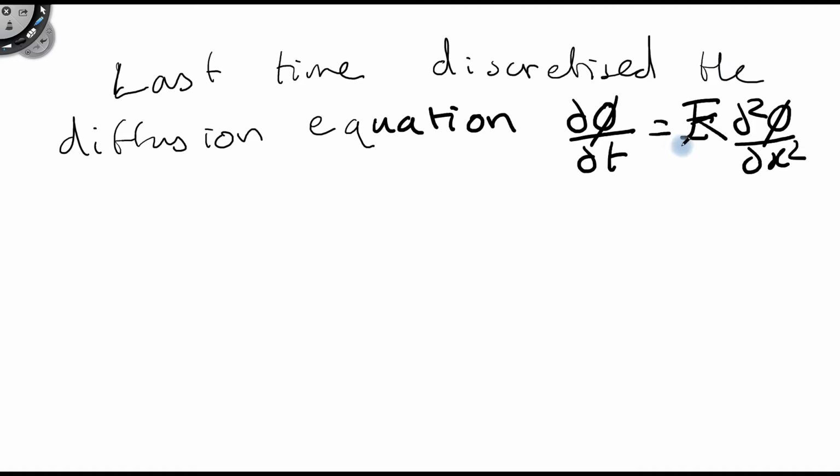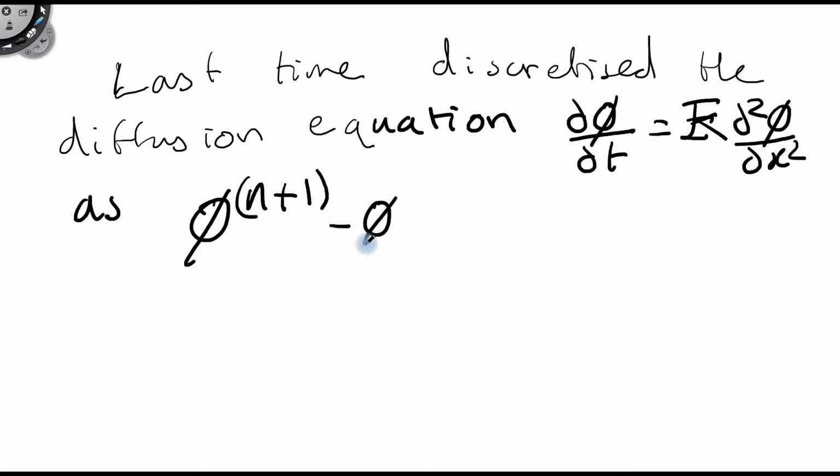So k here is a constant, phi is a variable that you're evolving in time, as this. So we had phi m plus 1. Actually, I'm just going to use the whole line here.